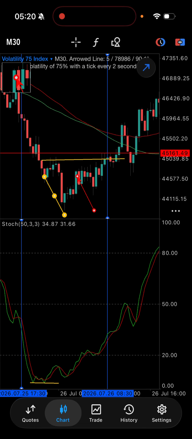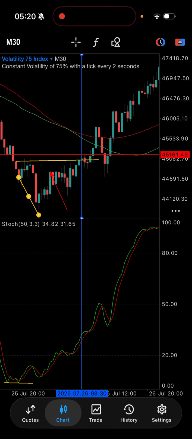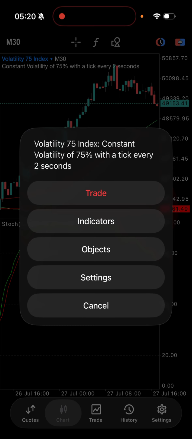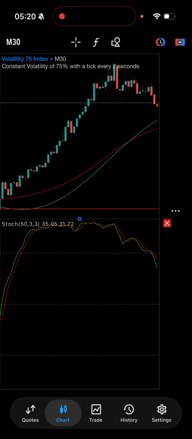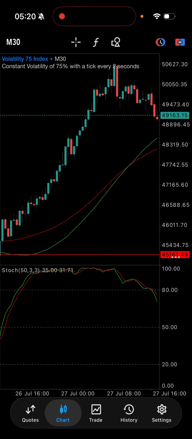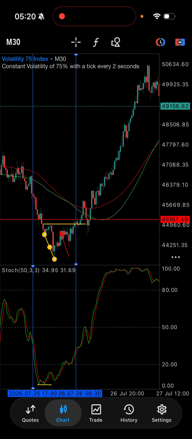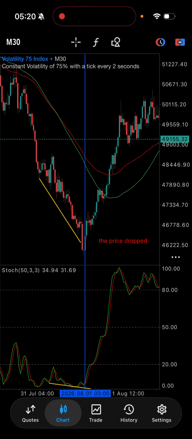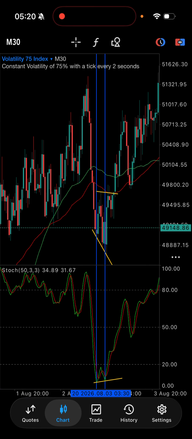My first entry will be after the closing of this bullish candlestick. And the second entry will be here. So if you enter those two trades, believe me, you will win it too, to have compensated for the one you lost earlier. It's not even a loss if you enter the two. So that's that.